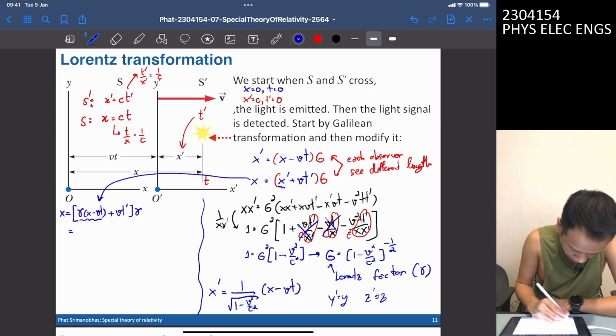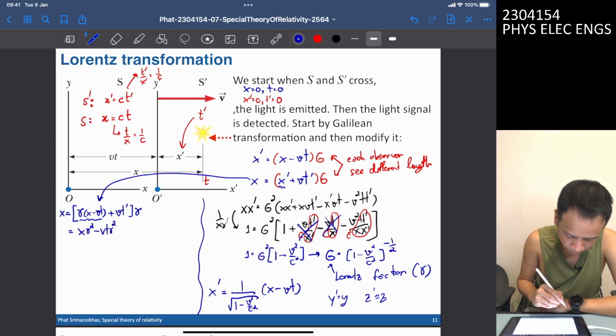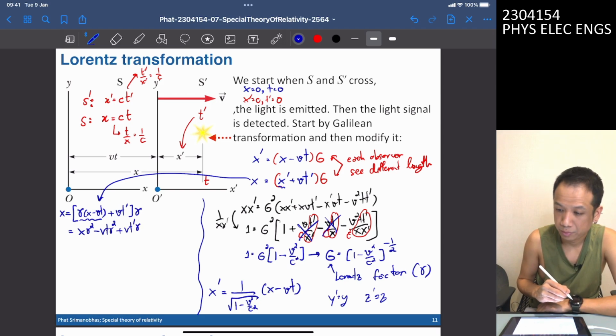Then what you will get is x gamma squared, right? You multiply that, minus vt gamma squared, right? Plus vt prime gamma.